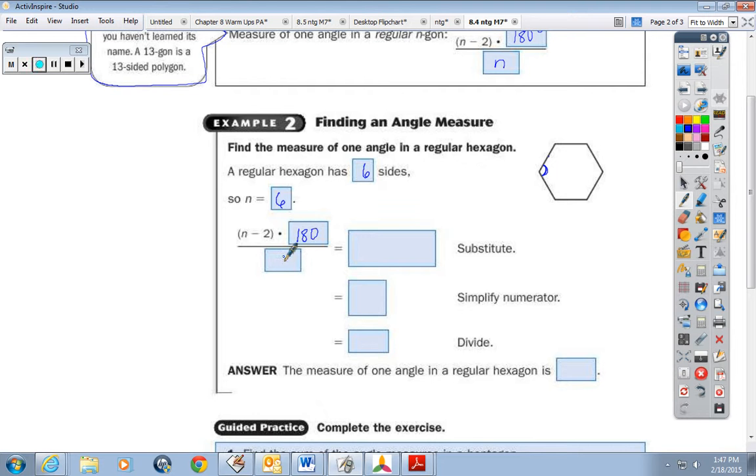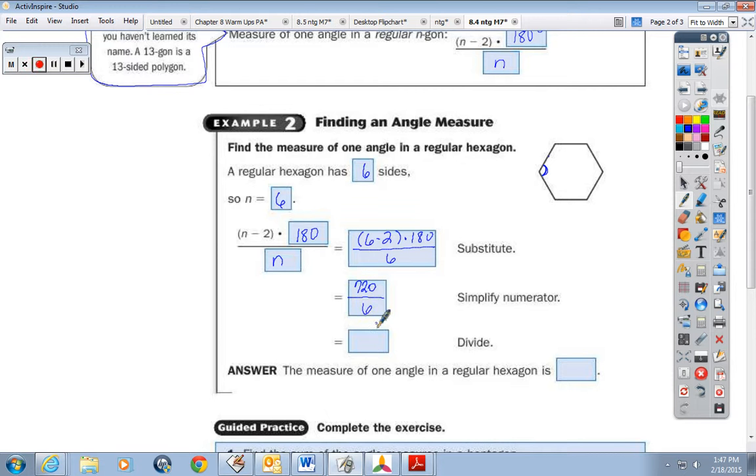Which number am I going to replace n with? 6. So I'm going to take 6 minus 2 times 180 divided by 6. I know what 6 minus 2 is. That's 4. And 4 times 180 is 720.